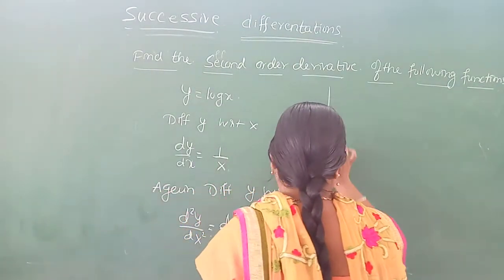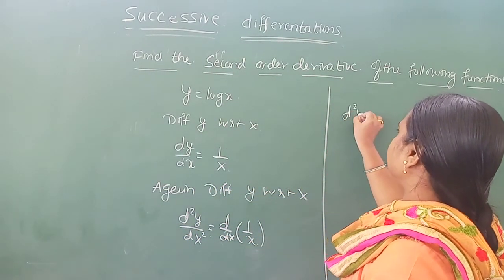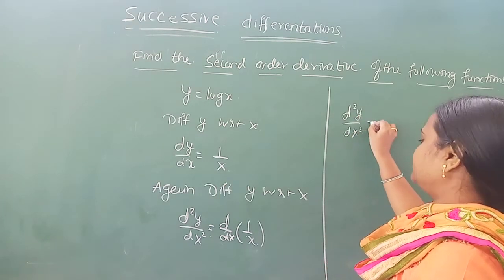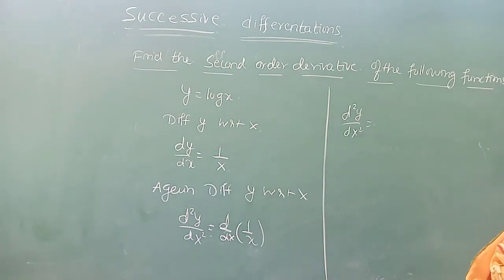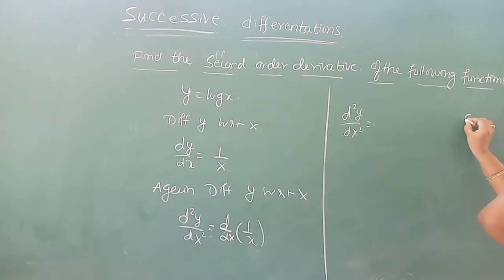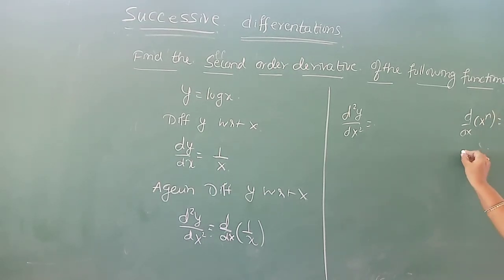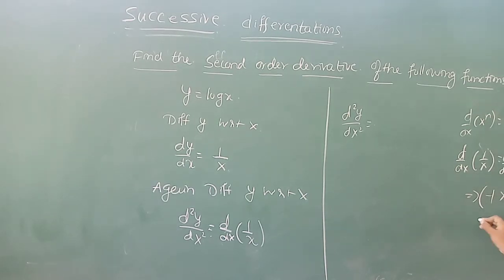That is d2y by dx square, differentiation of 1 by x. See, we know that d by dx of x to the power n is n x to the power n minus 1. d by dx of 1 by x is the differentiation of x to the power minus 1, means n is minus 1. x to the power minus 1 gives minus 1 times x to the power minus 2.